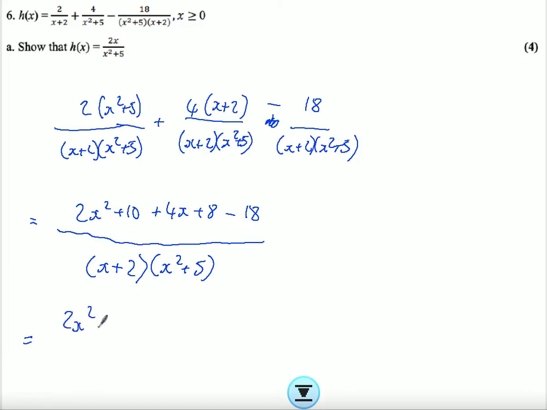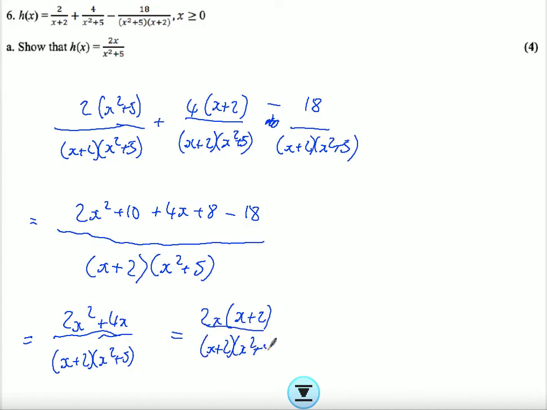So x squared add 4x and then 0. We know what we're trying to show, so there must be a factor of x plus 2 on the top, which there is. So take out a factor of 2x, we get x plus 2 over x plus 2, x squared add 5. Lovely, 4 marks, very, very generous.